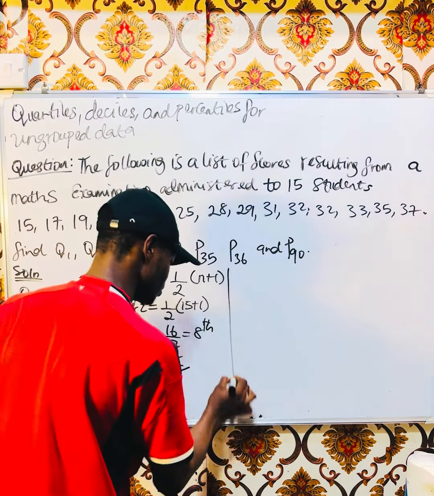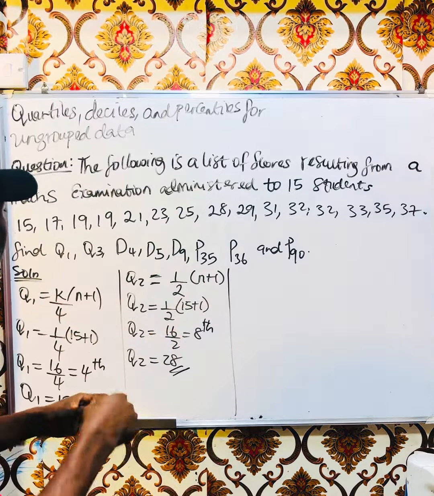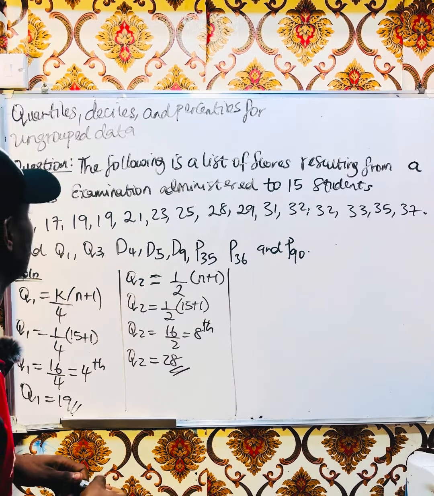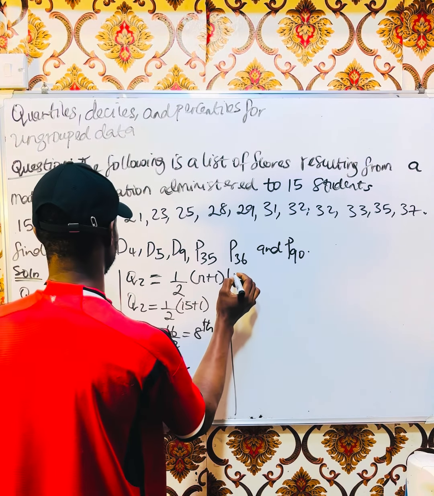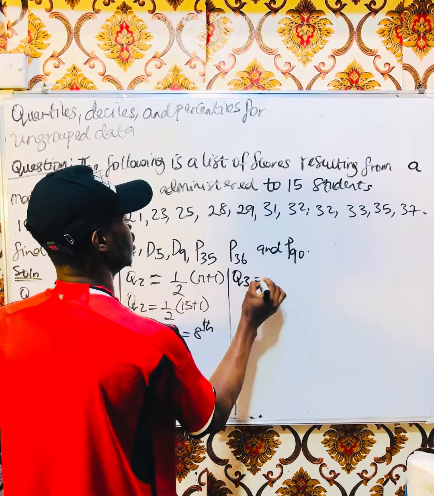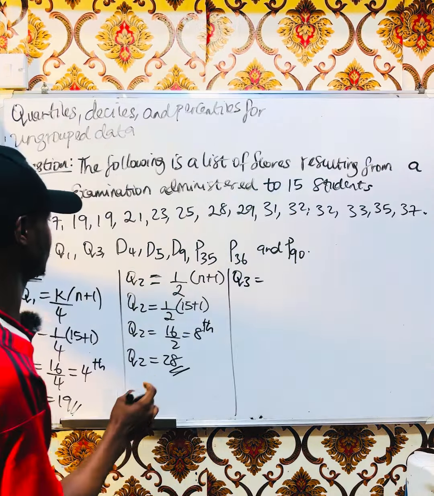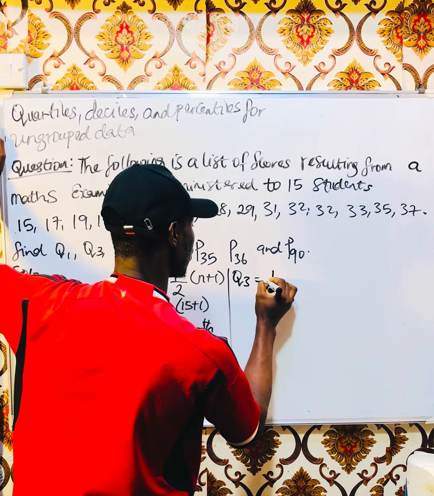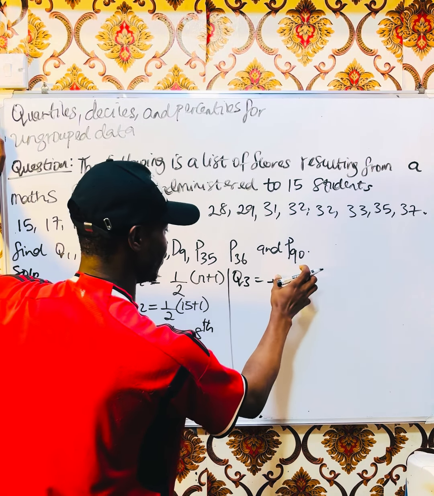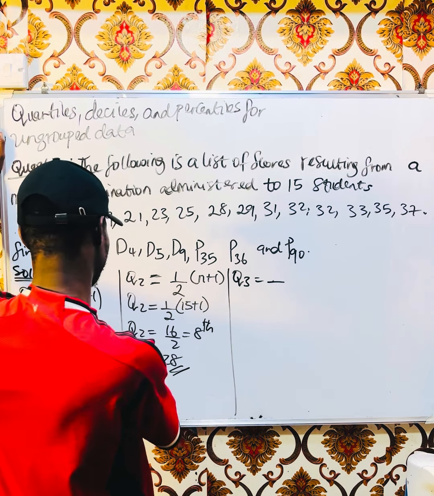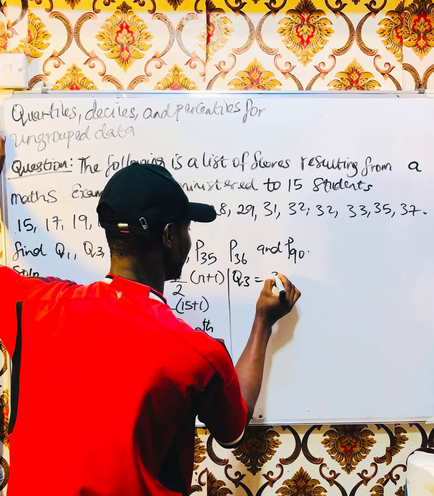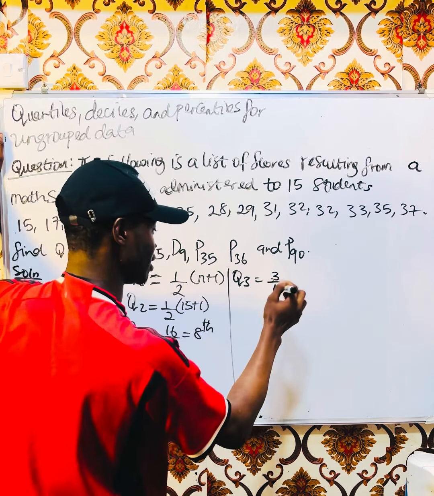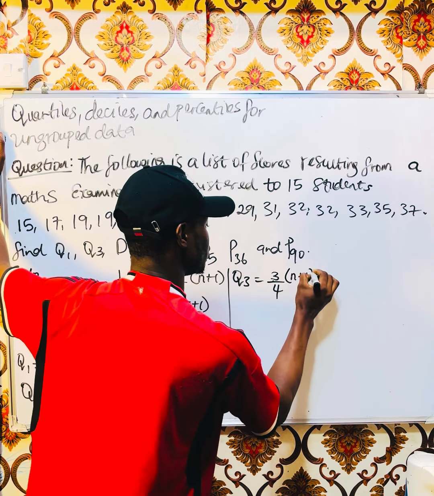But now, the next one is to find our Q3. Q3 is 3 over 4, that's our upper quartile: 3 over 4 times n plus 1.